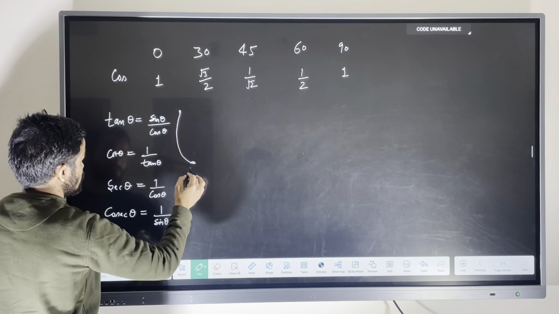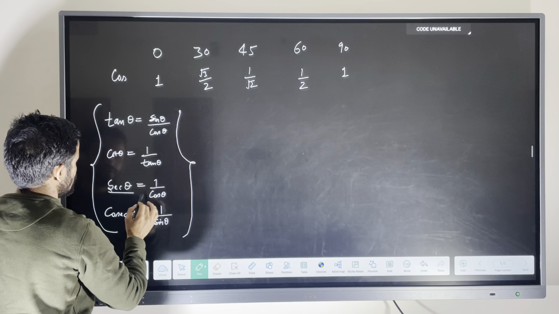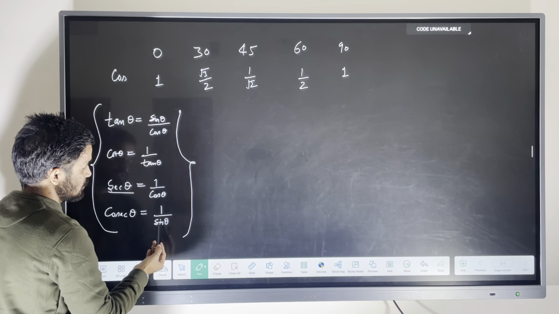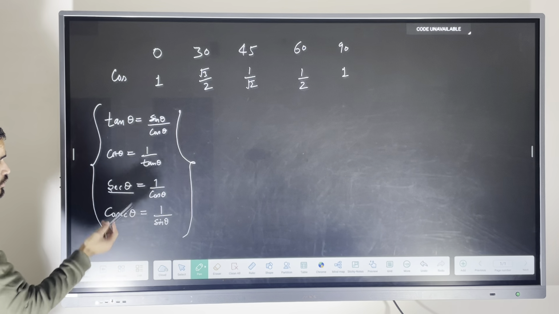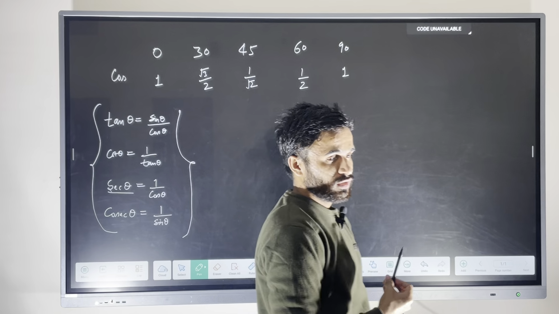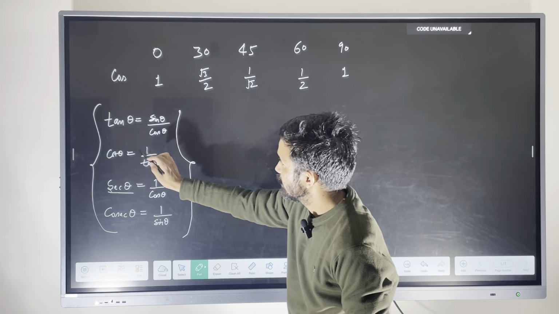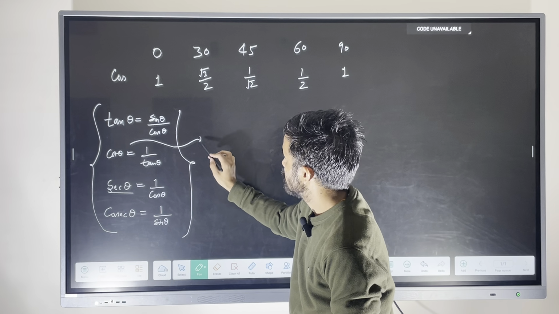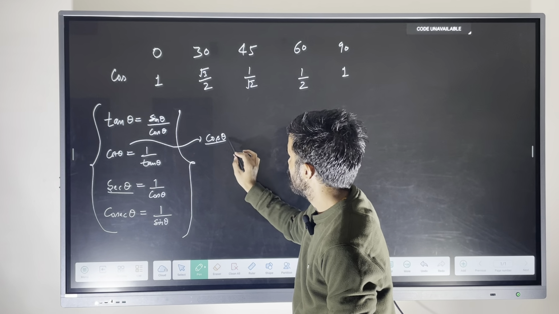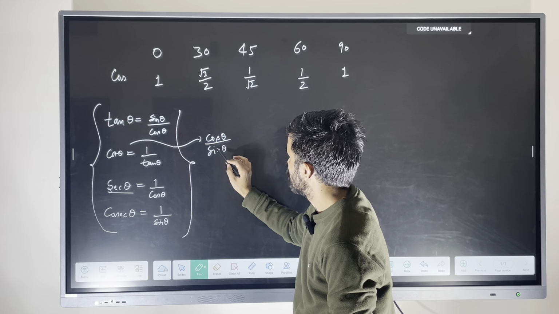We have discussed these things, that sec is inverse of cos and cosec is inverse of sin. Similarly, cot is inverse of tan, and we have the formula of tan theta, that is sin theta by cos theta. Or from here we can say cot theta is equal to cos theta by sin theta.